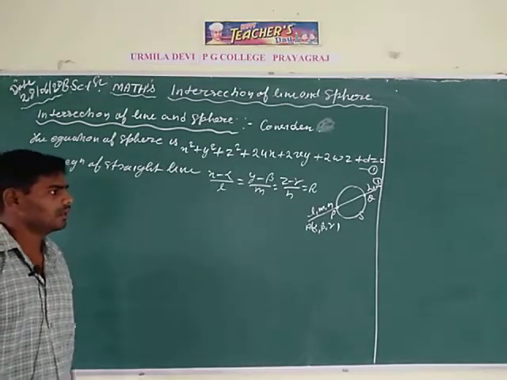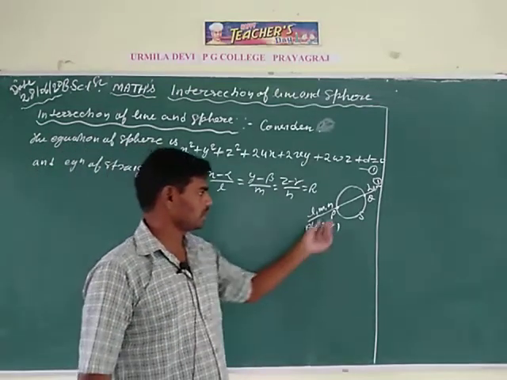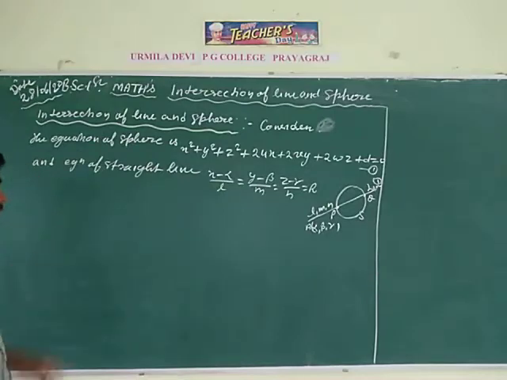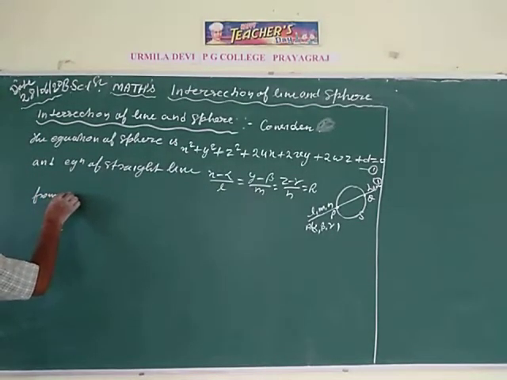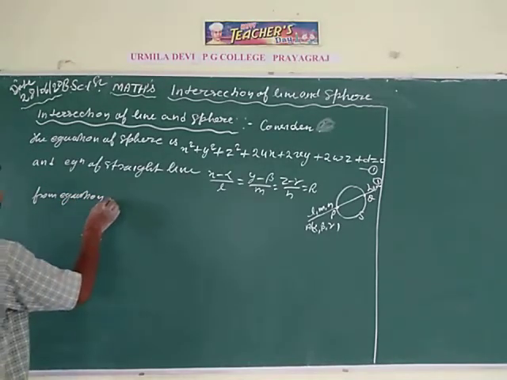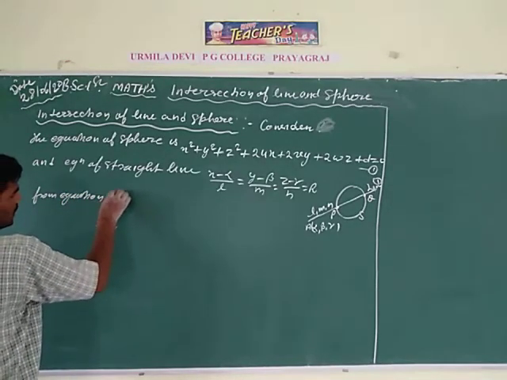So for the coordinates of the intersecting point capital P or capital Q, take the equation of the straight line.